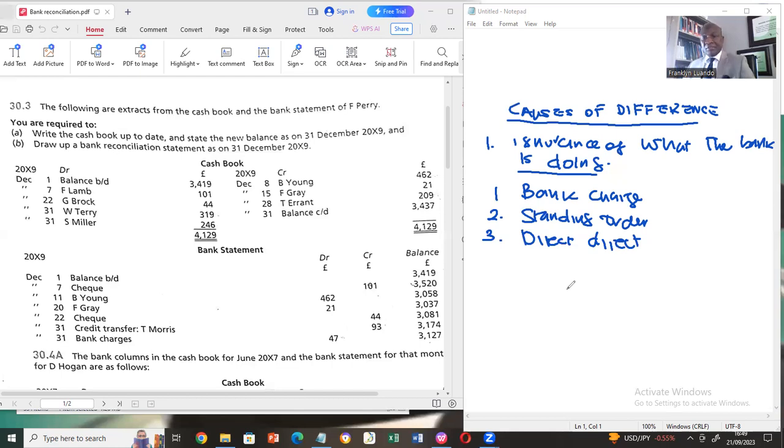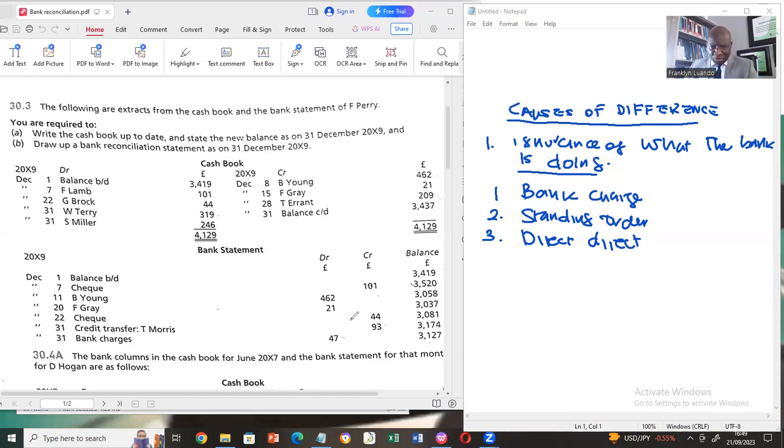An entity may give the bank an instruction to pay on their behalf amounts which are different at any time. For example, if you are paying amounts which are different, like electricity which varies, you can use the direct debit. Therefore, it will show on the bank statement and not in the cash book.